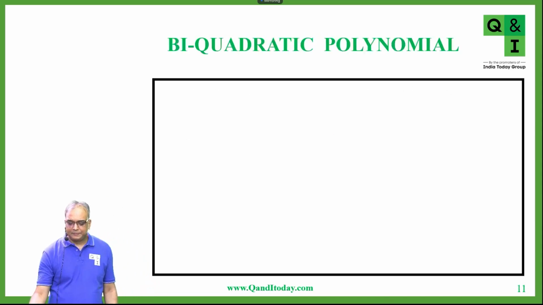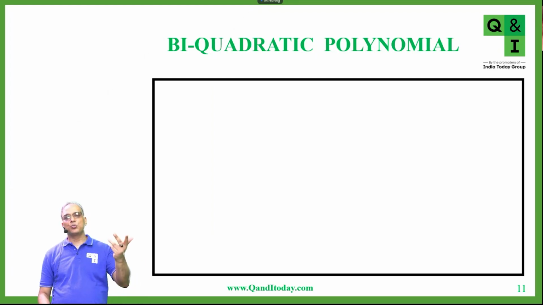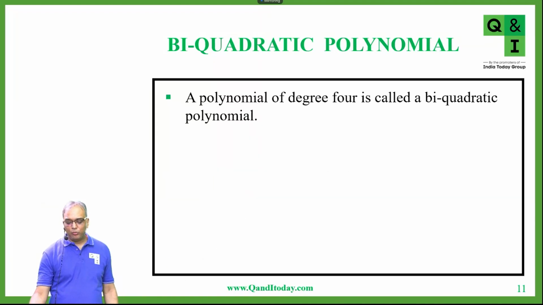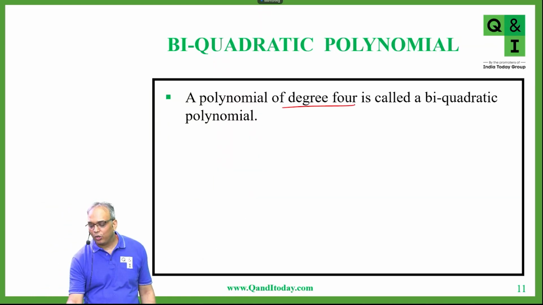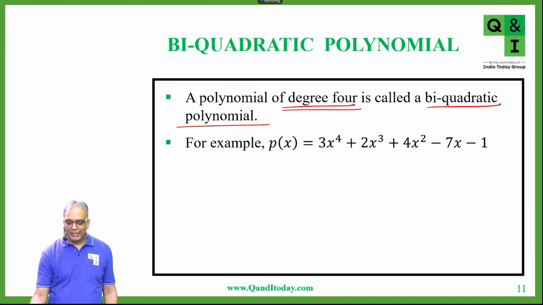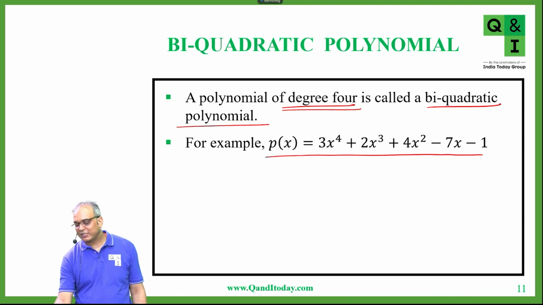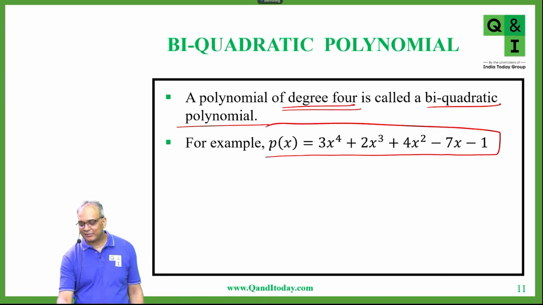Now we have a biquadratic polynomial. Biquadratic means, bi means 2, 2 times quadratic, that means degree 4. So a polynomial with degree 4 is called a biquadratic polynomial. An example is p(x) equal to 3x4 plus 2x cube plus 4x square minus 7x minus 1.